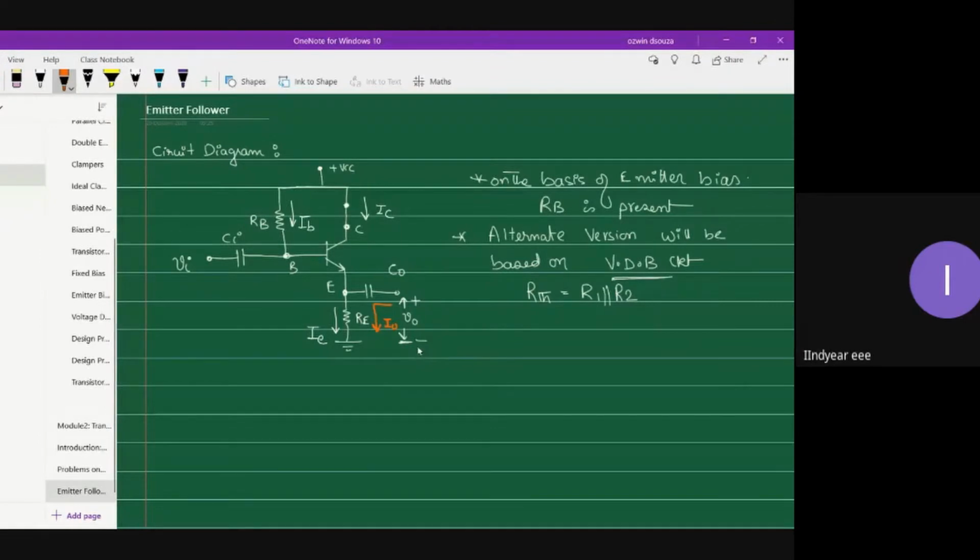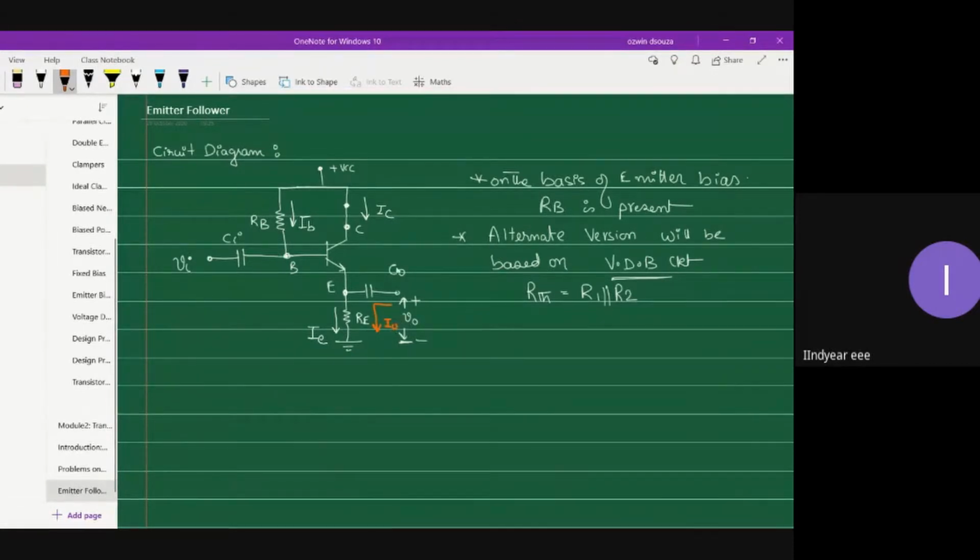Whereas in case of an amplifier circuit wherein you take the output from collector to ground, there used to be a difference in polarity convention, right?